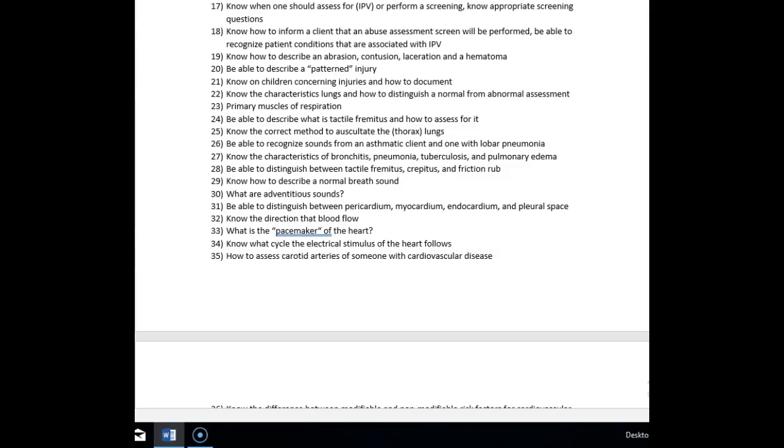The right lung is actually shorter than the left, and the reason why is because of the liver right up under the right lung. But it does have more lobes. And the left lung is narrower than the right lung because of the heart bulging to the left.